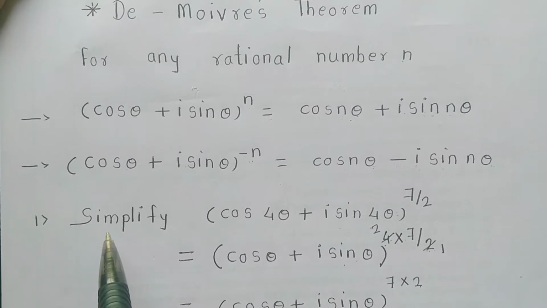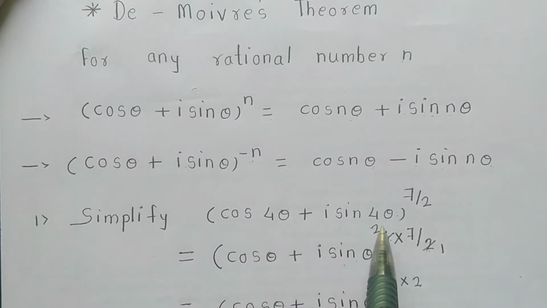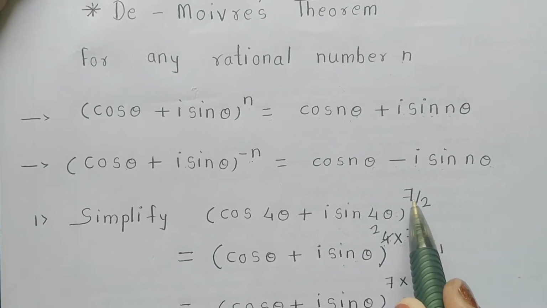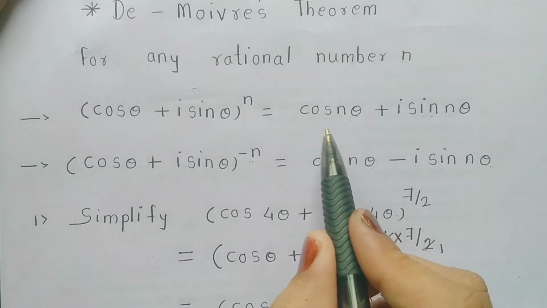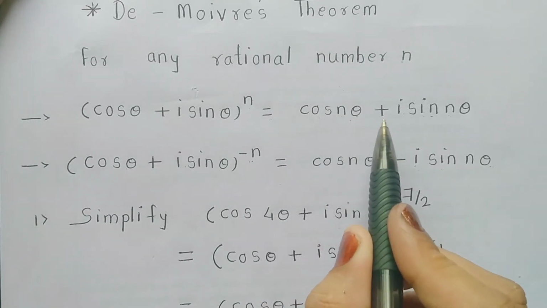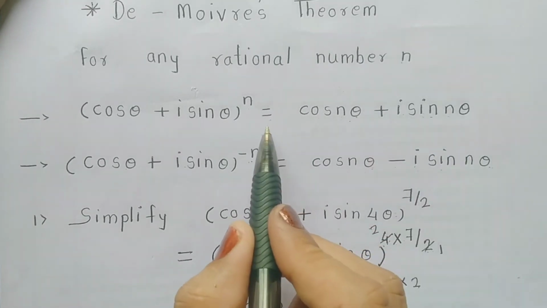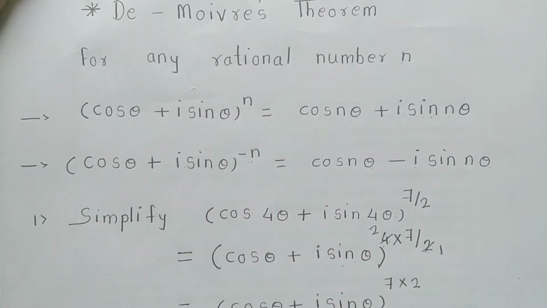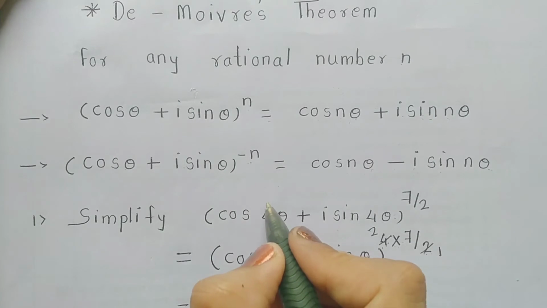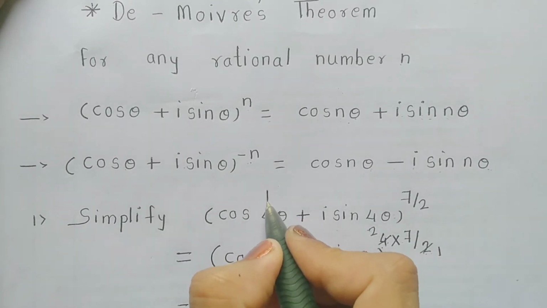First example is simplify (cos 4θ + i sin 4θ)^(7/2). Here we will use De Moivre's theorem: cos nθ + i sin nθ equals (cos θ + i sin θ)^n. So in this question the value of n is 4 here.